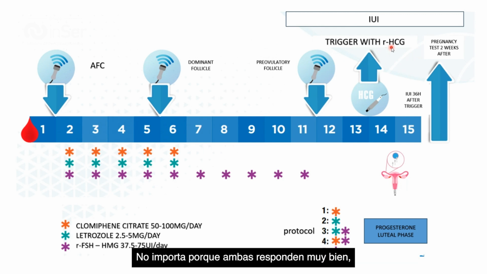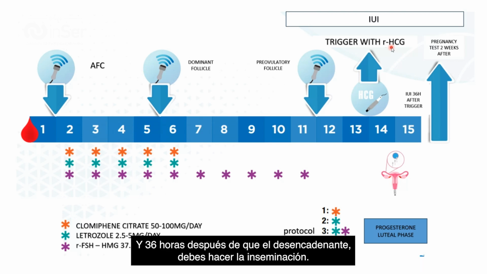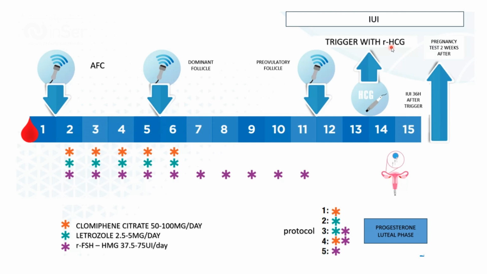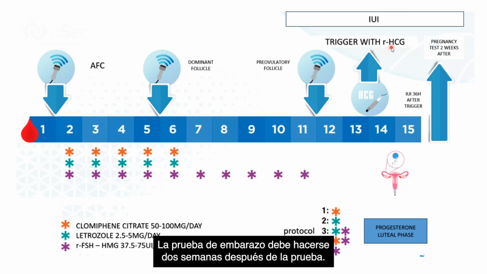It doesn't matter, because both of them respond very well, especially in this type of treatment, which is IUI. And 36 hours after the trigger, you should do the insemination. And always use progesterone in the luteal phase. The pregnancy test should be done 2 weeks after the insemination.